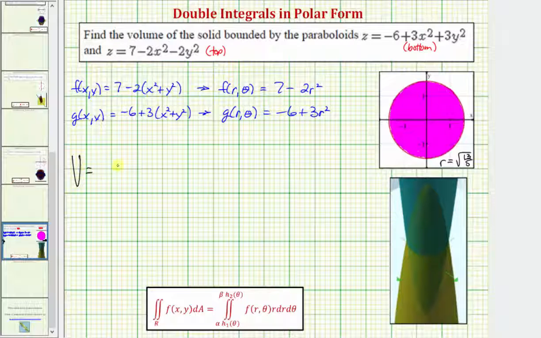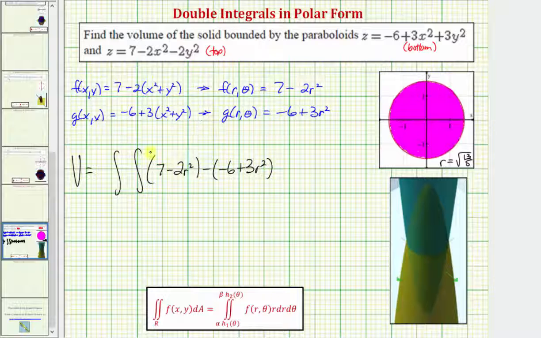The volume is going to be equal to the double integral of, again, f of r comma theta minus g of r comma theta. So we're going to have the quantity 7 minus 2r squared minus the quantity negative 6 plus 3r squared. Now remember, in polar form, we do have an extra factor of r here, so now we have r dr d theta.